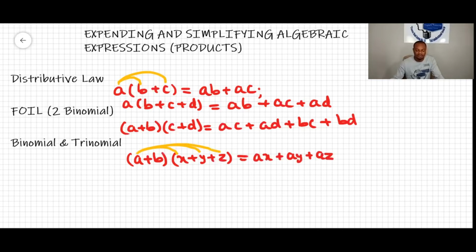Then we do B times X, B times Y, and B times Z. So this will be plus BX, BY, BZ. Yeah, that's it. Now let's start with exercises.